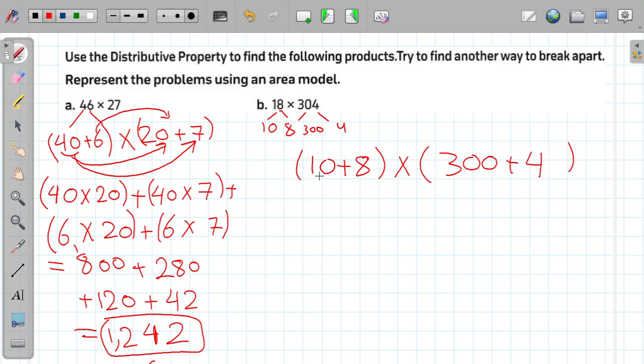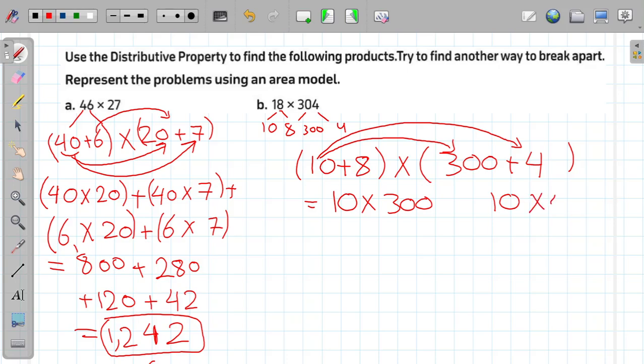Okay, so I will start with 10. I will multiply by 300, and next I will multiply by 4. So I will write 10 times 300 and 10 times 4.